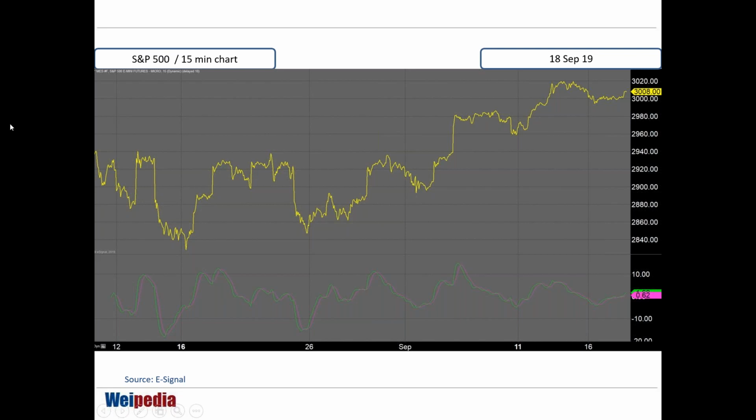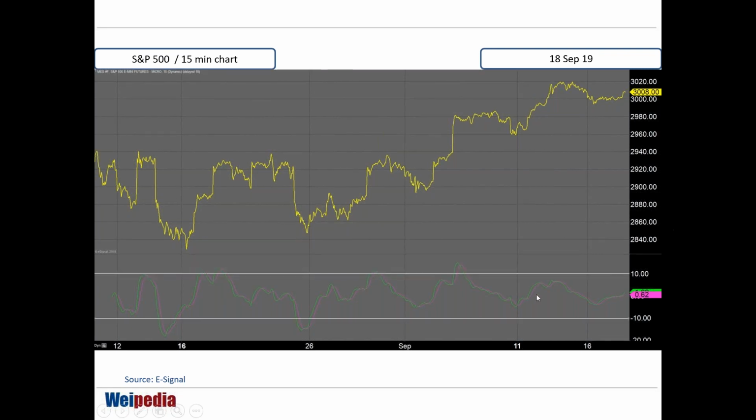Typically in a chart, you can see the price, and in the bottom half, you can see the indicator. Usually what most of us will do is have these 2 lines, at 10 or minus 10, or 100 or minus 100.